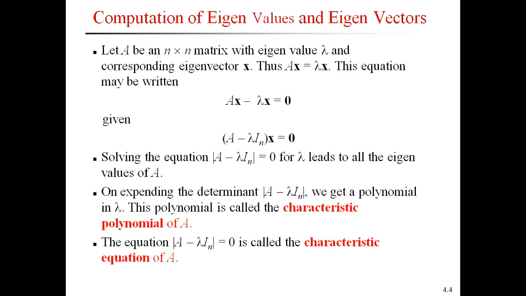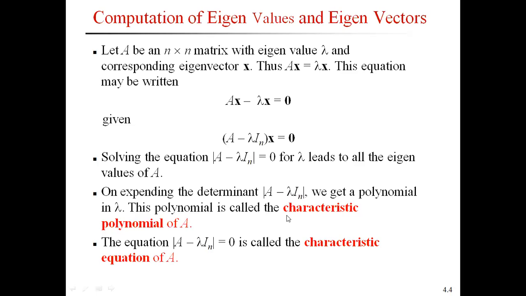The values of lambda are called the eigenvalues of A. Expanding the determinant of A minus lambda I n, we get a polynomial in terms of lambda. That polynomial is called the characteristic polynomial of A. This equation equal to 0 is called the characteristic equation of A.